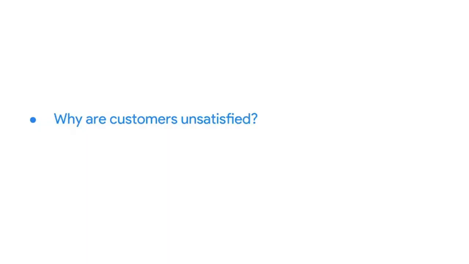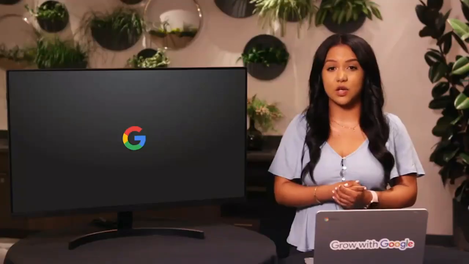Why are customers unsatisfied? How can we improve their experience? These are questions that lead to qualitative data. After looking through the reviews, the ice cream shop owner sees a pattern. 17% of negative reviews use the word frustrated. That's quantitative data. Now we can start collecting qualitative data by asking why this word is being repeated.